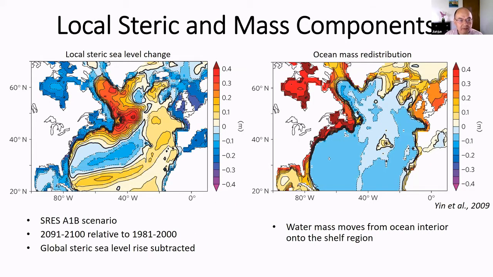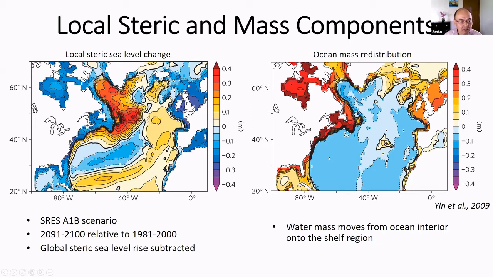Okay, so the dynamic sea level change pattern can be decomposed into a local steric sea level change component and a mass redistribution component. The left panel shows the local steric sea level change in CM2.1, also in the A1B scenario, the medium emission scenario.